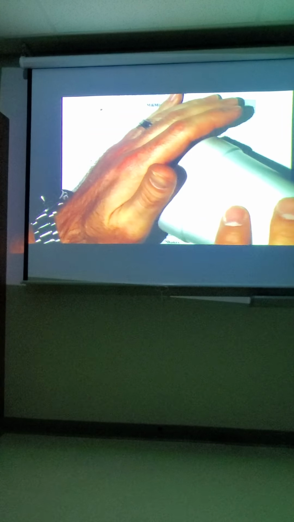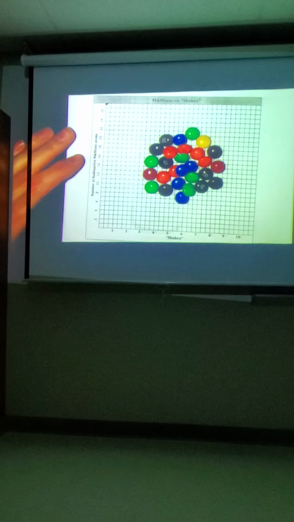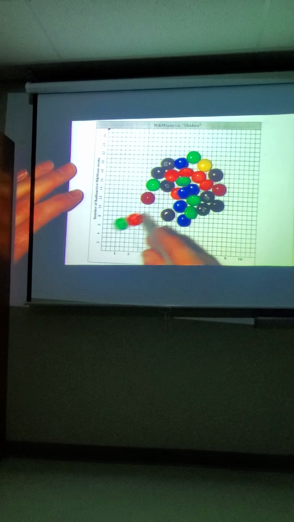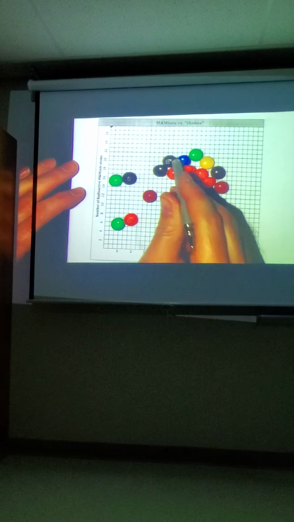And notice as we shake them, it'll give them a chance to go upside down and around. And then as we pour them out gently, we will separate them based on who has an M up and who has an M down.